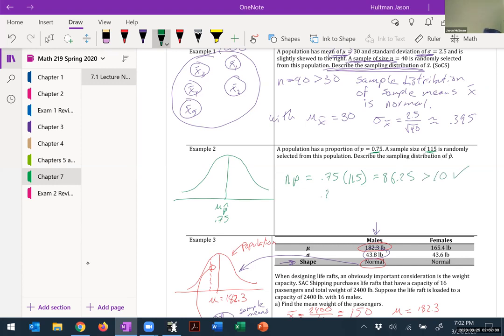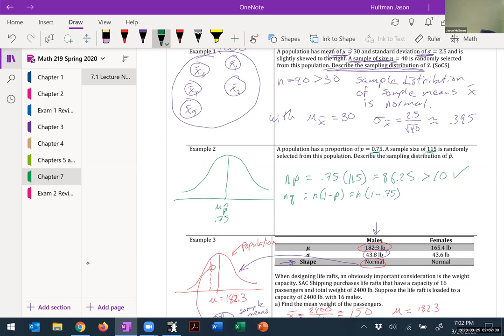Now what about the smaller one? Again, we really only have to check the smaller one, 0.25. Where did I get the 0.25 from? Well, it's 1 minus p. So n times q, which is n times 1 minus p, which is n times 1 minus 0.75.